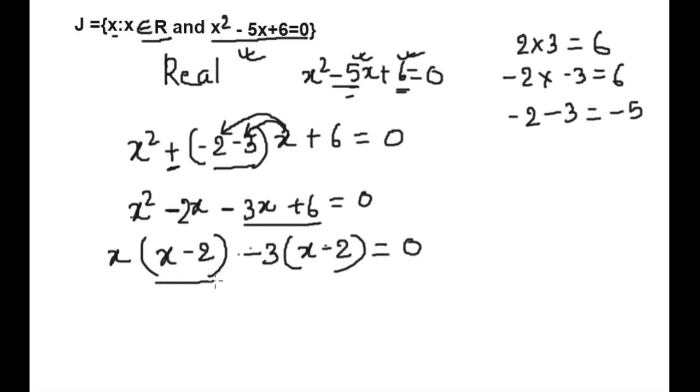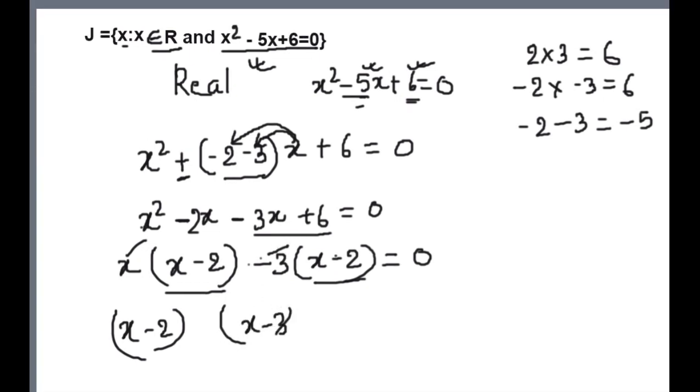Now again the common factor is x minus 2. So x minus 2 and x minus 3 is equal to 0. We can write x is equal to 2, x is equal to 3.